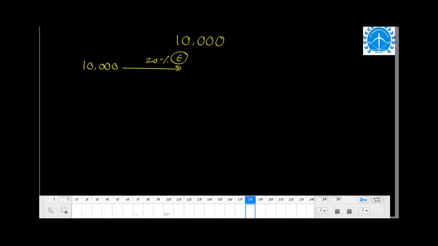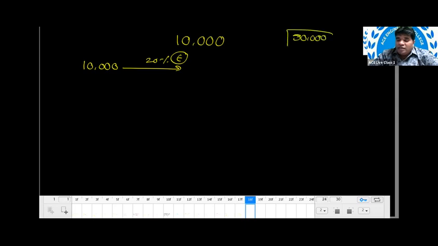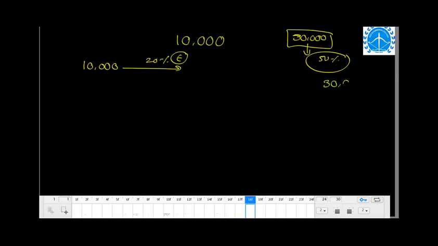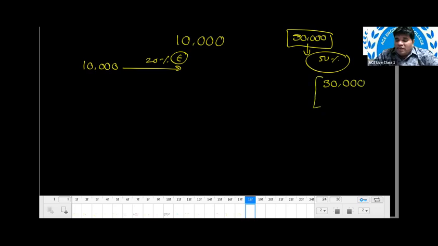2,000. Suppose when you are doing a job, your salary is 30,000. Out of the 30,000, you give 50% to your home, your father.